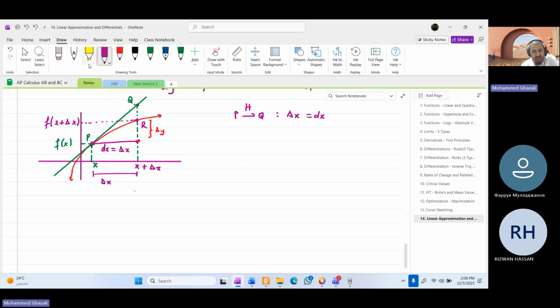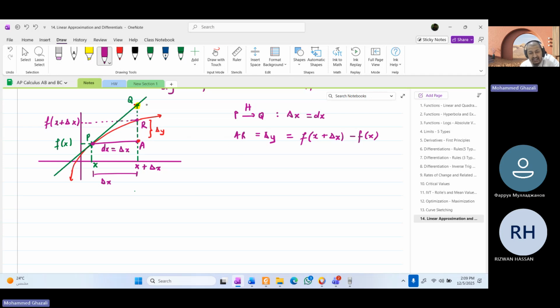Let's label this as point A. From A to R is delta y, the actual change in y. So what's the actual change in y? f of x plus delta x minus f of x. It's the higher value minus the lower value. You understand? A to R.